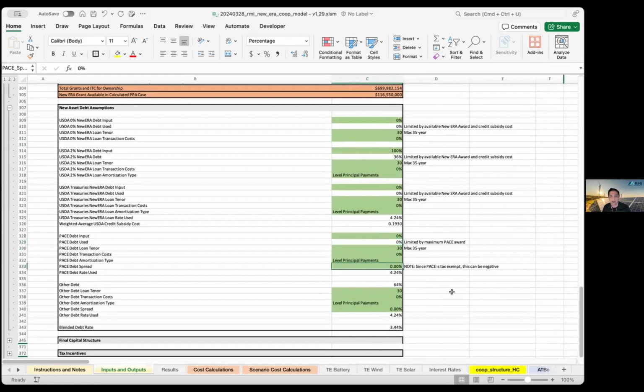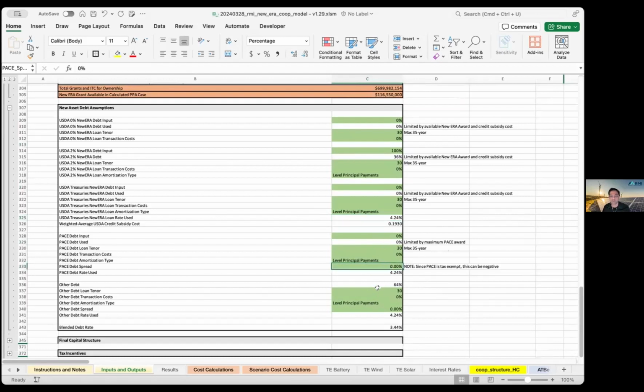Note that PACE is tax exempt, so the cost of that debt may be below treasuries. And so the way that you specify that is to put in a spread, a difference between treasuries of the appropriate tenor, which you can see up above here, is the treasuries rate that has been calculated for the year and the tenor that you're looking at.